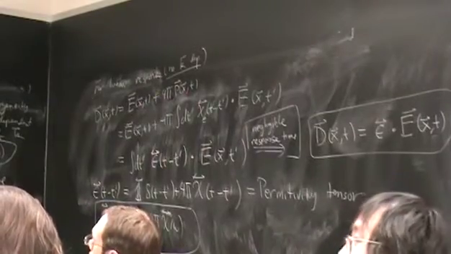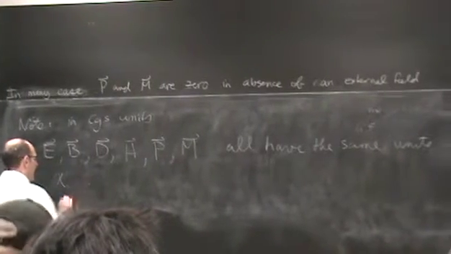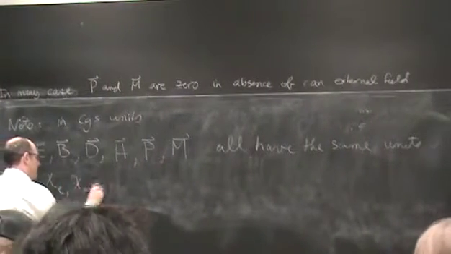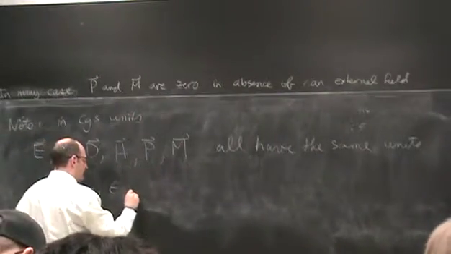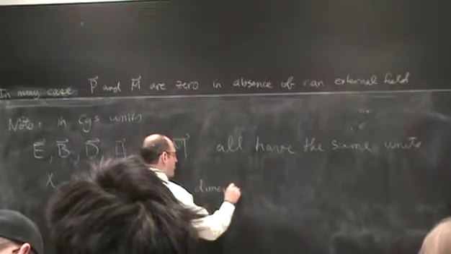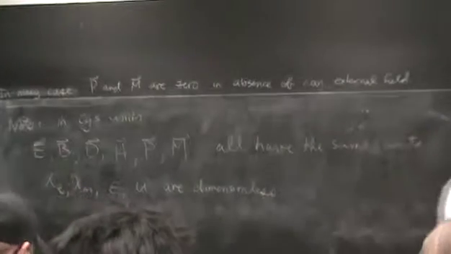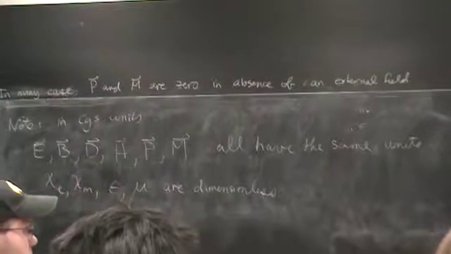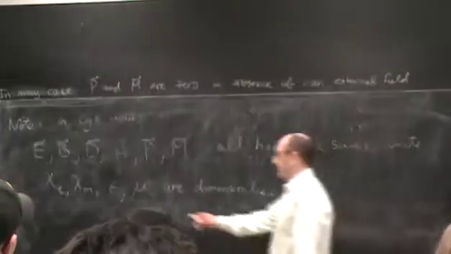And chi e, chi m, epsilon, and mu are dimensionless. That contrasts with SI units, where epsilon and mu have units.